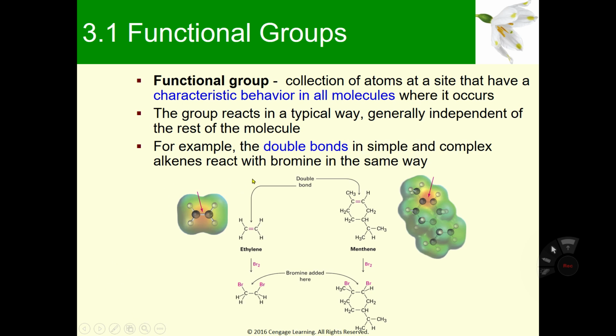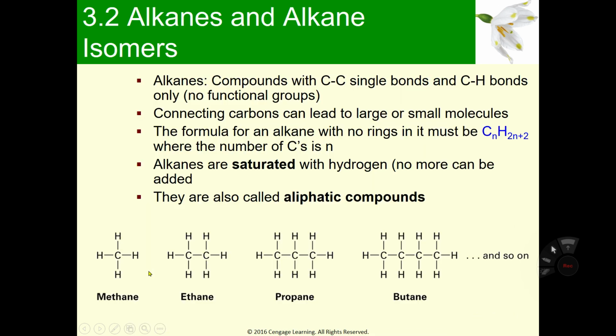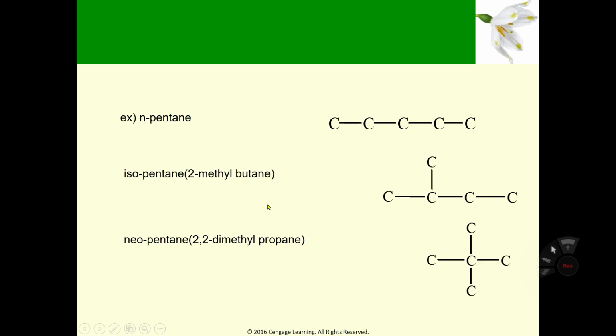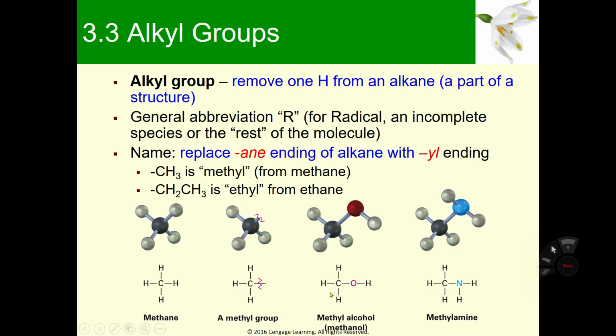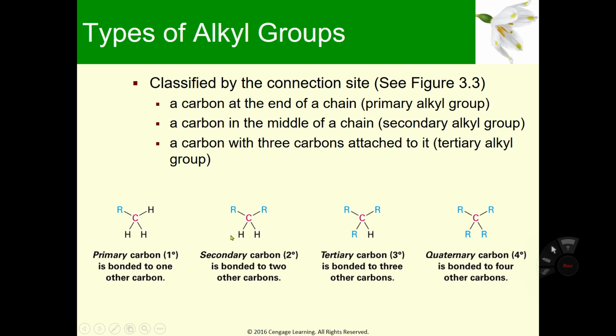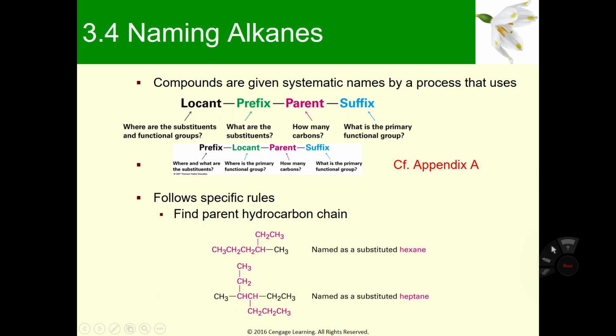This chapter will introduce the concept of functional groups and alkanes and its isomer structures, also nomenclature, alkyl groups as a substituent of hydrocarbon, and types of alkyl groups, and the principles of naming alkanes.